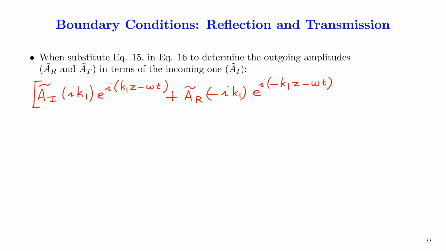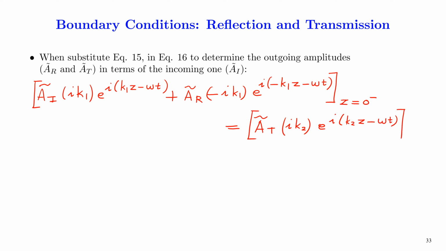So this is defined for the region z equal to 0 minus, and this will be equal to At i k2 e raised to i(k2 z minus omega t), which is defined at z equal to 0 plus.